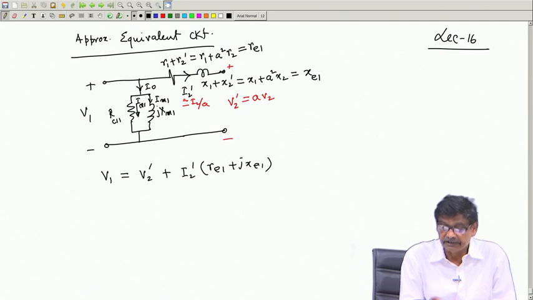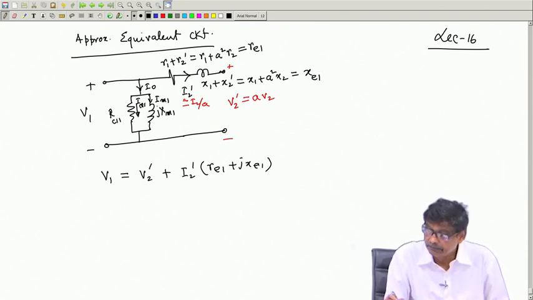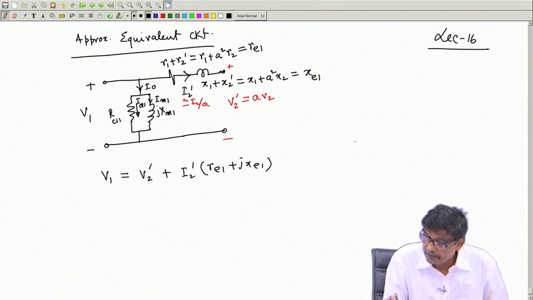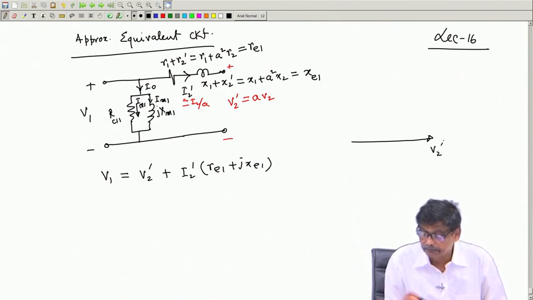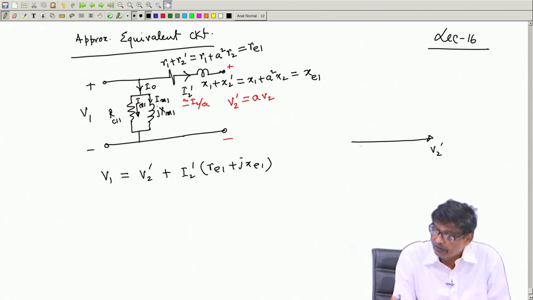This will be the phasor diagram. So, we start the phasor diagram drawing in this way. First draw V 2 dash, and then draw I 2 dash.